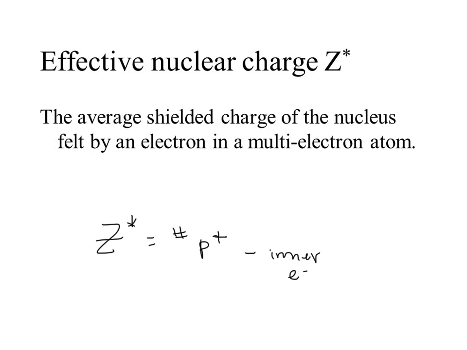From that, we subtract the same 10 inner electrons for an effective nuclear charge of +5, or 5+. So here's the deal. I'm going to circle my effective nuclear charge of +2 and my effective nuclear charge of +5.